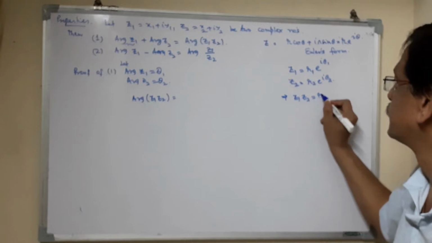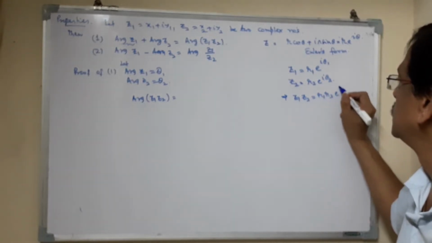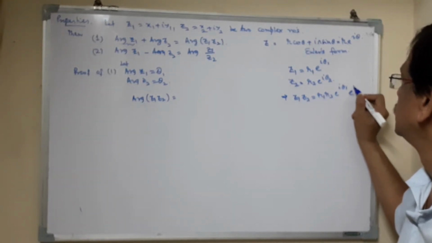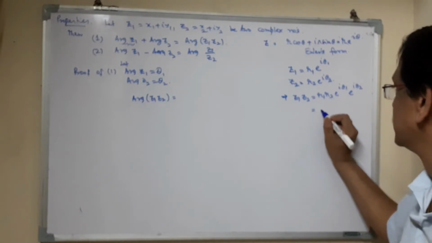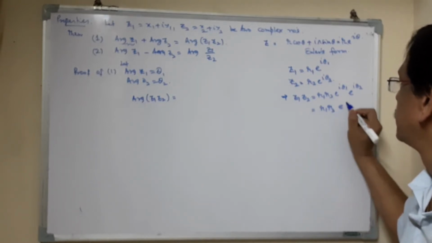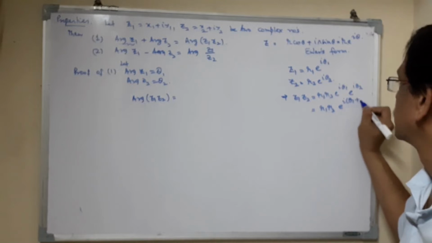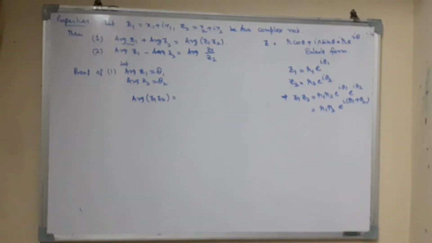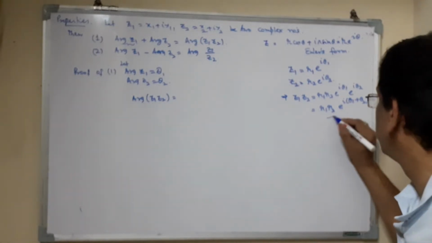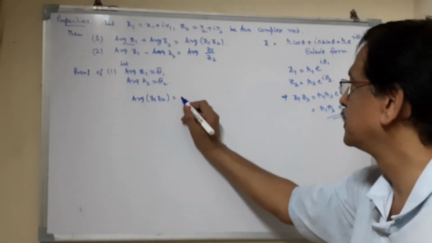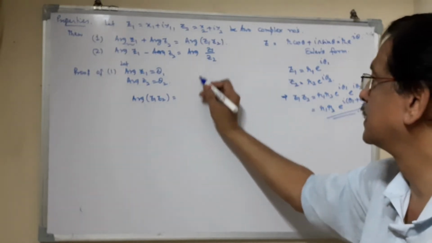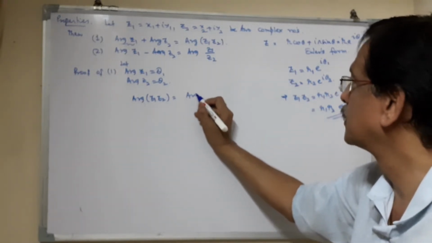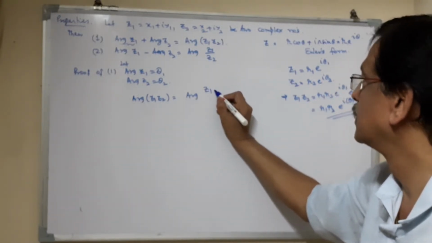Z1 Z2 is R1 R2 e power i theta 1 into e power i theta 2, which means R1 R2 e power i times theta 1 plus theta 2. Now look carefully at this. Is it not the argument? So the argument that I have calculated is nothing but the argument of Z1 Z2.